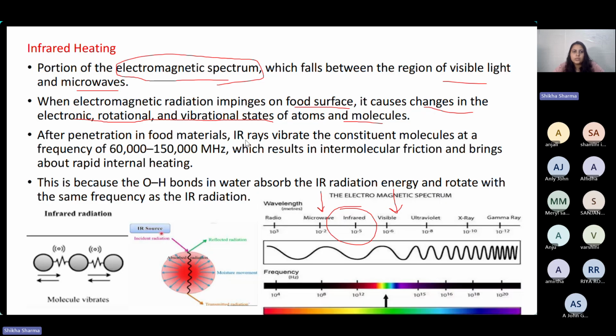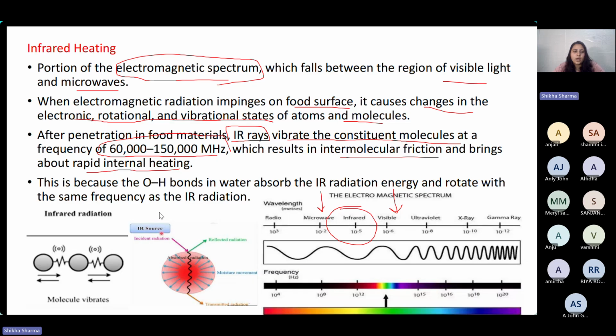After penetration in the food material, IR radiation will vibrate the constituent molecules at a very high frequency, around 60,000 to 150,000 megahertz, and it will result in intermolecular friction and bring about rapid and internal heating.